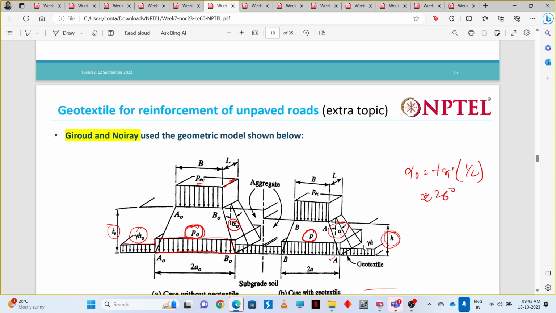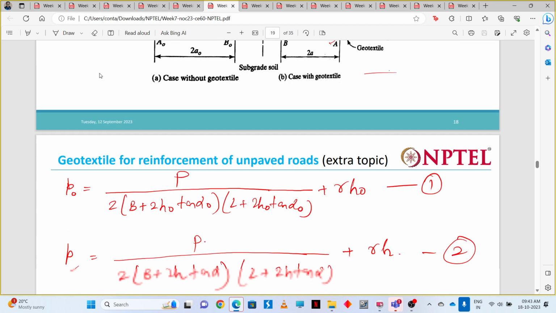With the use of geotextile or geogrid, we can reduce the thickness of the aggregate, and that will aid in sustainability, right? Lesser material is needed to construct the same length of road. So we can reduce the depth of the aggregate layer just by placing a geotextile or geogrid layer.